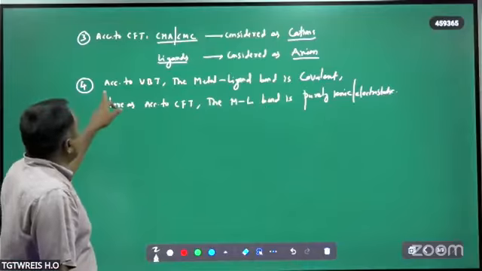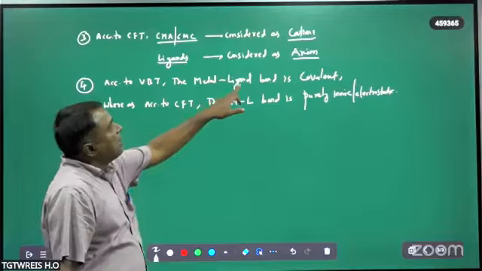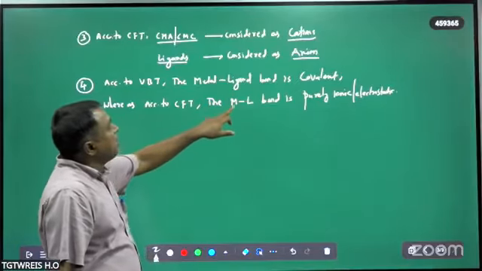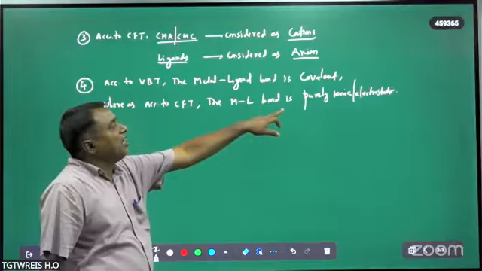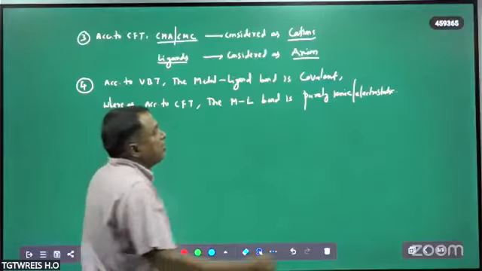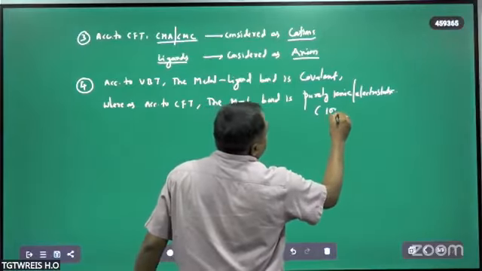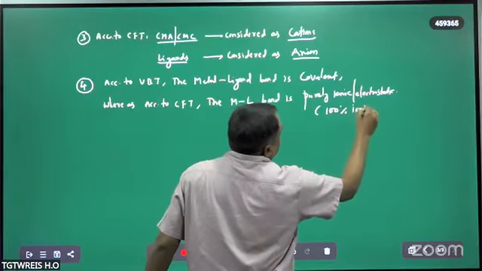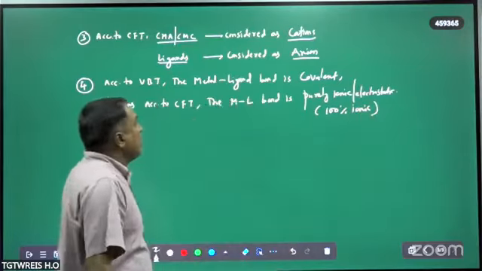According to valence bond theory, the metal ligand bond is covalent, whereas according to crystal field theory, it is purely ionic or electrostatic. It means 100% ionic bond between the metal and ligand.